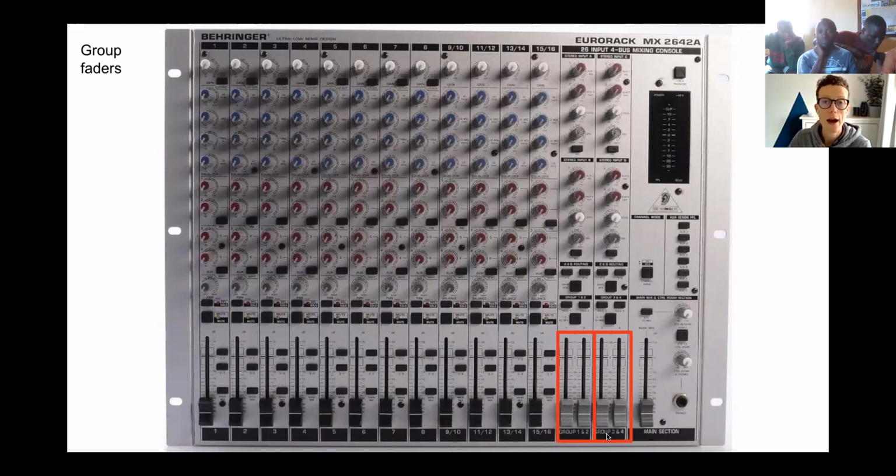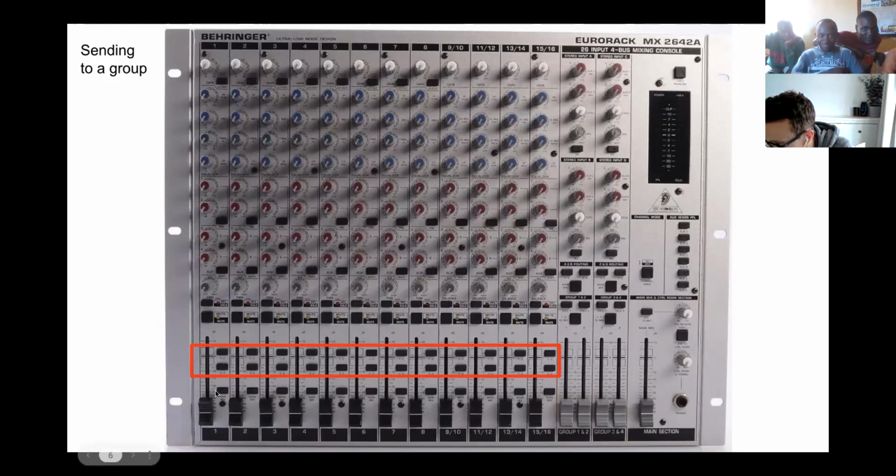So you might say, how do we get those connected? On these buttons is where you press. So you might say number 1, 2, 3, and 4 are all my vocal mics.